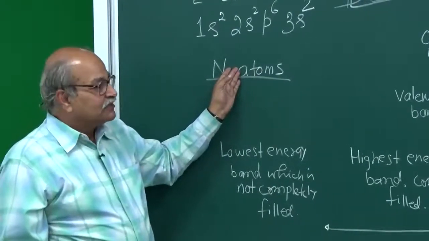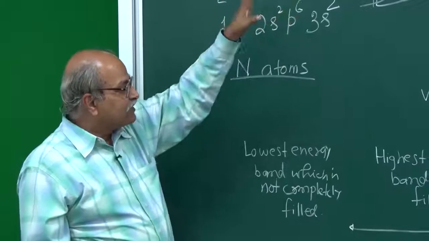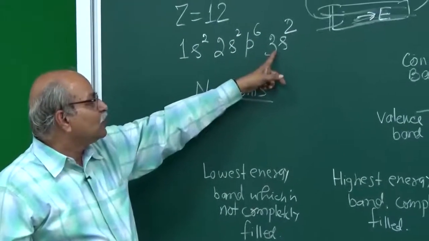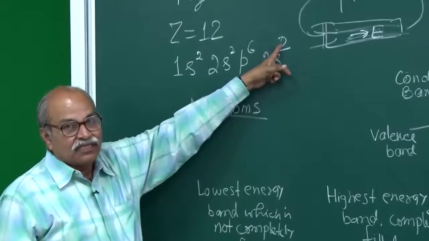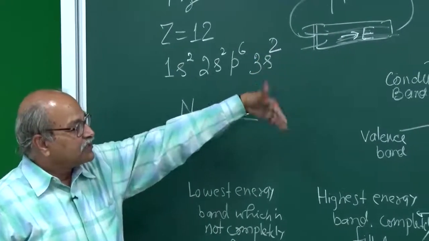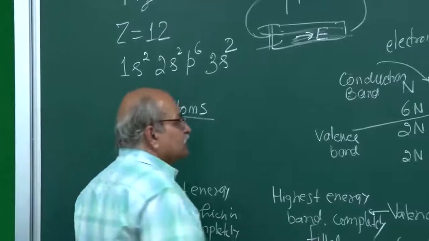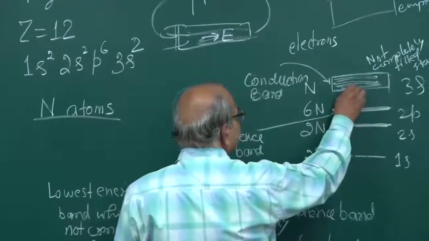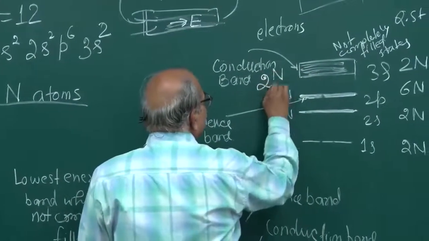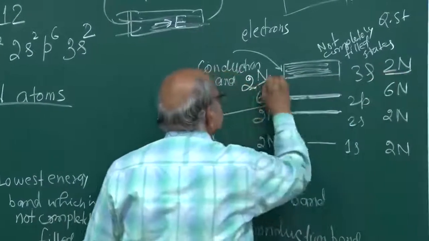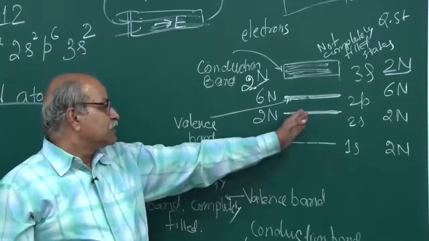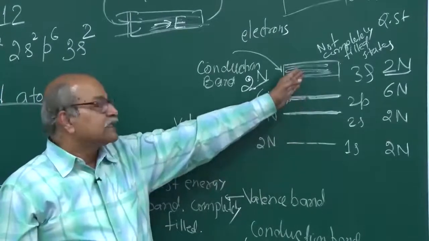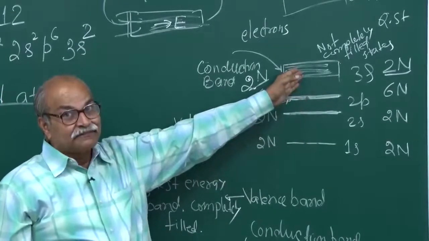You have those bands, and now for 3s also, each atom has 2 electrons. That means after this splitting, this band also has 2n electrons and 2n quantum states. So this is completely filled, this is completely filled, this is completely filled, this is also completely filled.